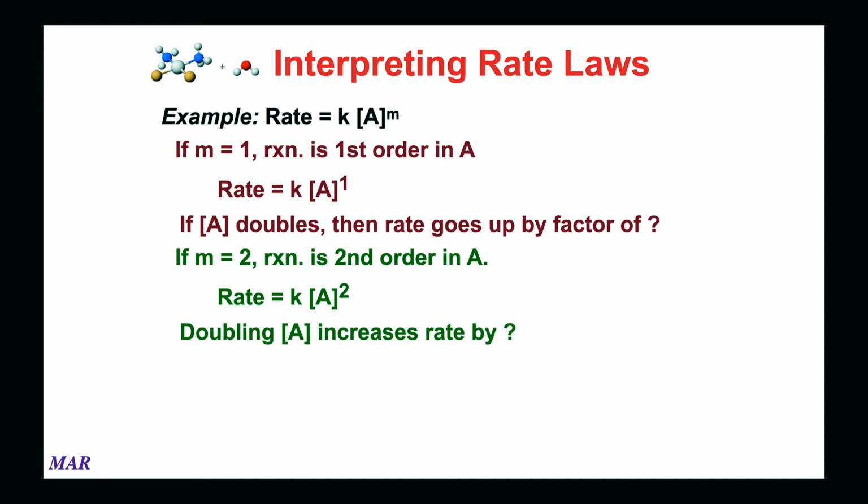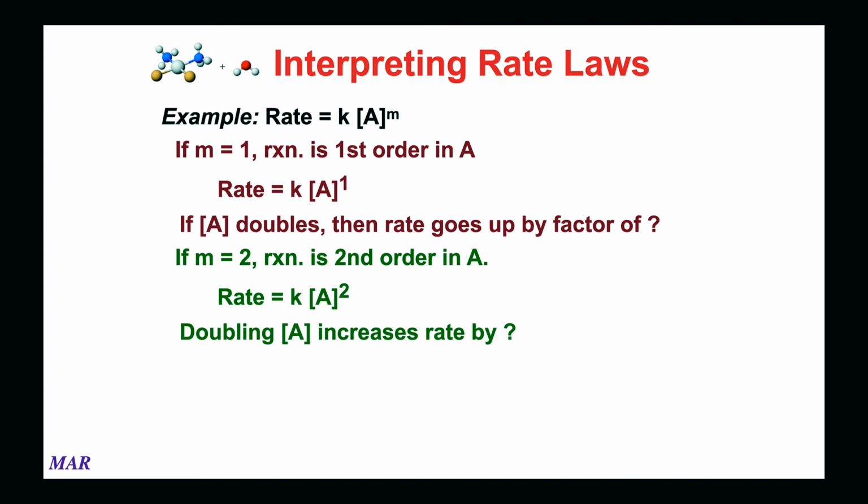Well, if A has doubled, 2 squared is 4, your rate is going to go up by 4 times. And if you were to triple A, 3 squared is 9, your rate would go up 9 times. Also, if you cut your concentration of A in half, 1/2 squared is 1/4, your speed will go down to 1/4 of what it was.